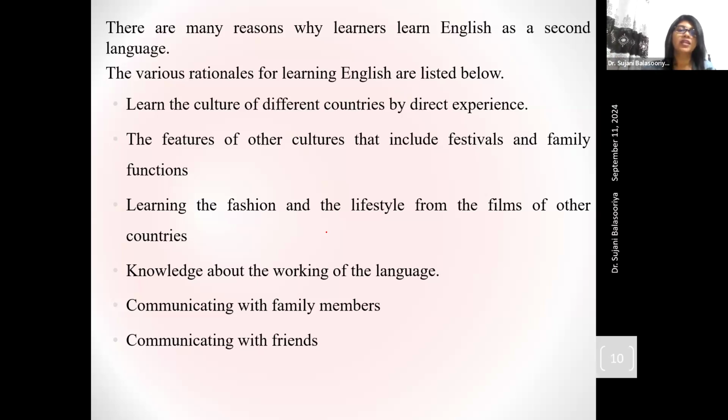You can directly learn the lifestyle of other cultures via the English language. And knowledge about the working of the language. If you know English, you can get some idea about the internal mechanism of the language, how a language functions. That is more related to the linguistic aspect, structural linguistics, the internal mechanism of language.